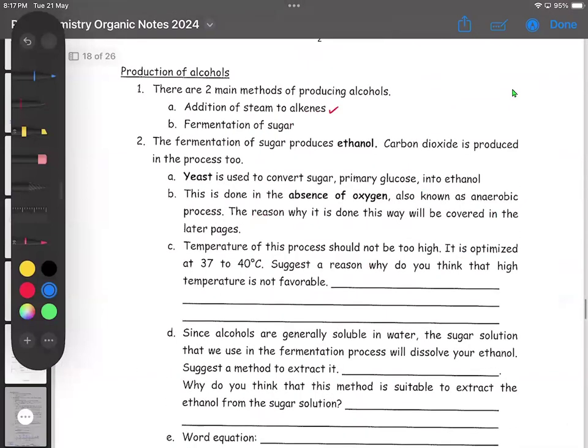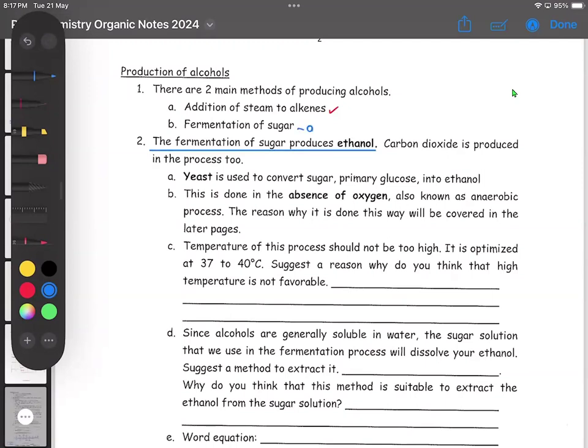Okay, let's look at this. As mentioned just now, alcohols are formed when you take alkenes and add steam to them. Fermentation of sugar doesn't give you all kinds of alcohol. Fermentation of sugar specifically produces ethanol only.